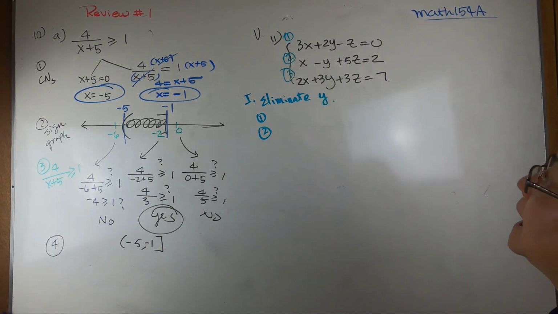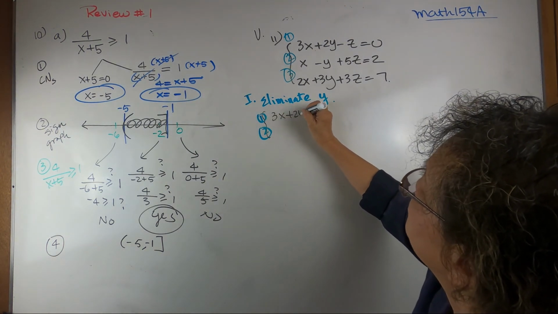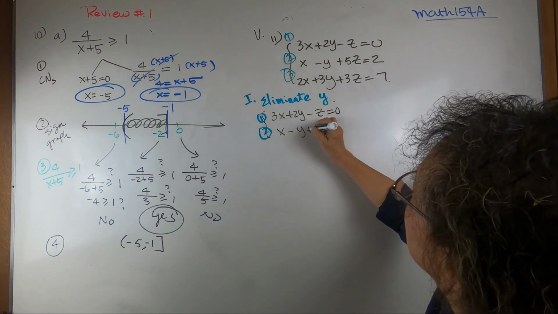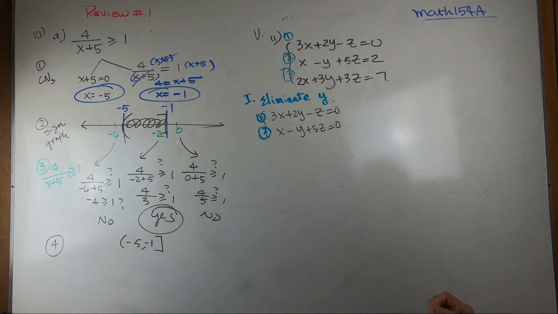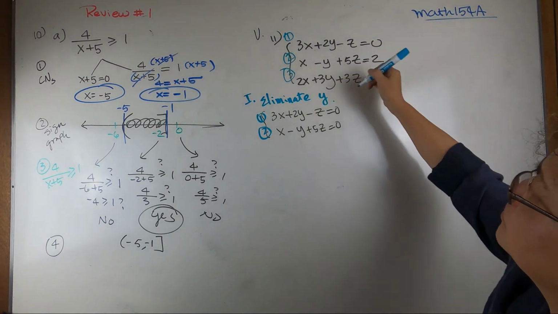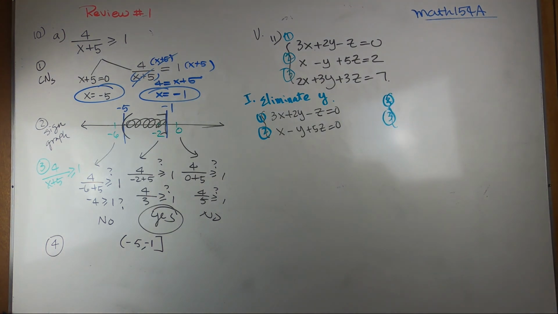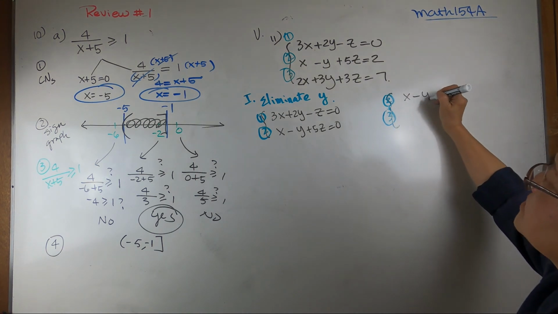If you do that, you rewrite it: 3x plus 2y minus z equals 0, x minus y plus 5z equals 2. Then you use another pair. How about 2 and 3? Then I can get rid of y as well.